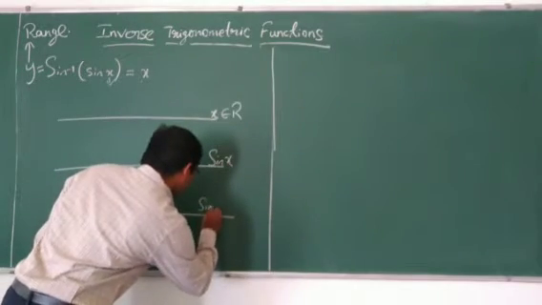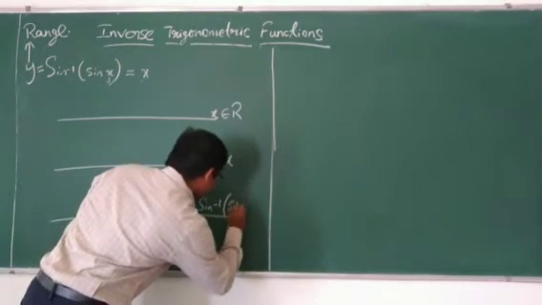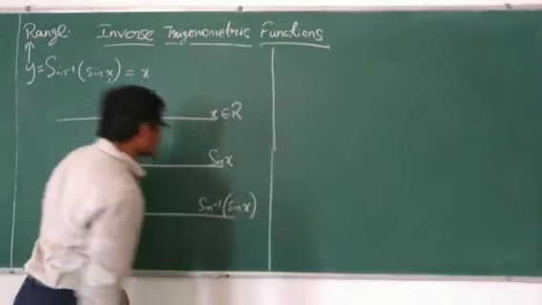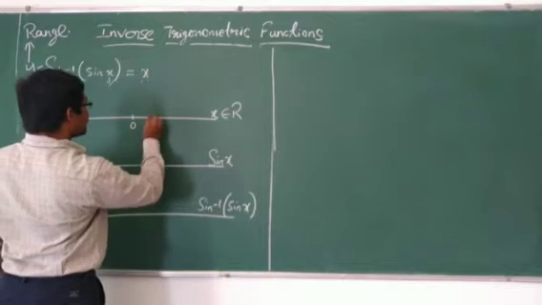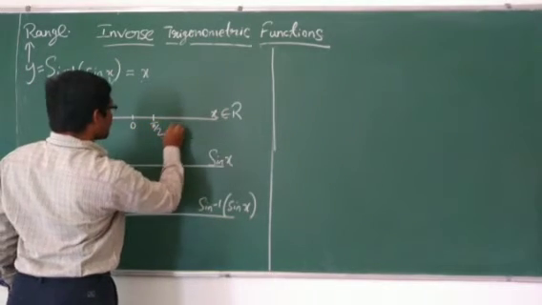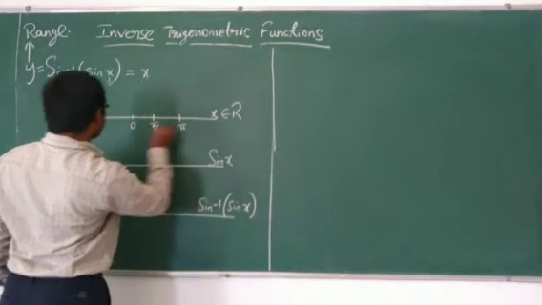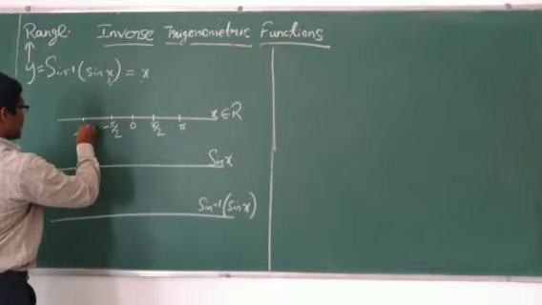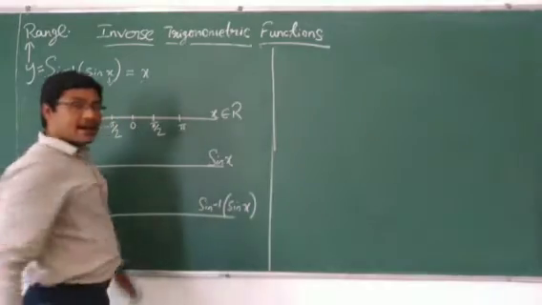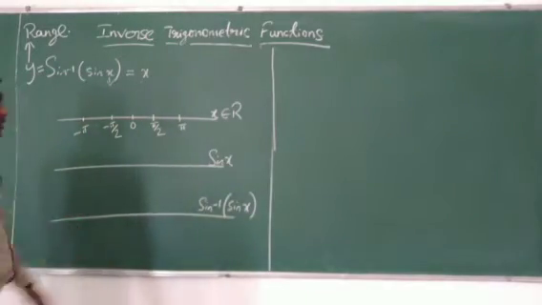On this number line I take the values of sin inverse of sin x. Here I can take 0, pi by 2, pi, minus pi by 2, minus pi. I can go on. I can take any values.